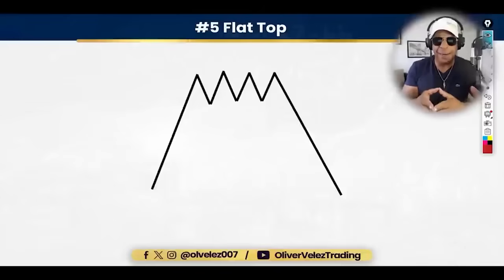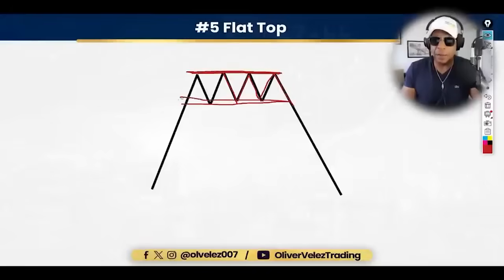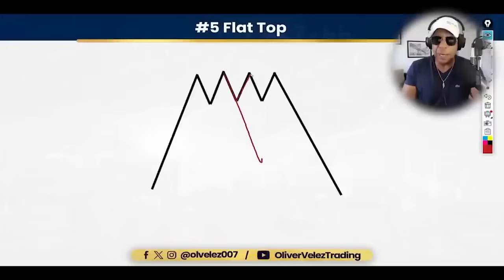Okay? Now, number 5, you've got the 5 flat top. You've got number 5, the flat top scenario, where it looks like it's going to form a double top here, but it actually comes back, and you start to get this multiple top like formation in the form of a relatively wide sideways movement. So it initially looks like it's going to be a double top maybe, but it comes all the way back again and then drops again.